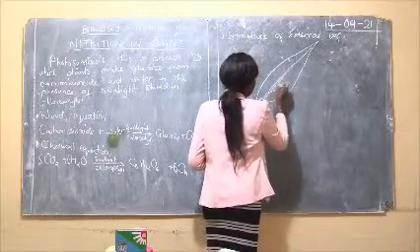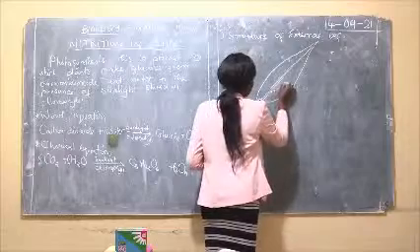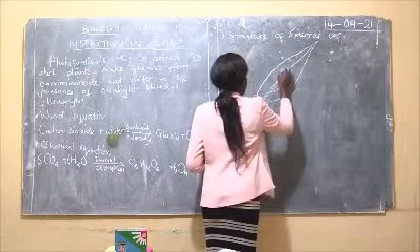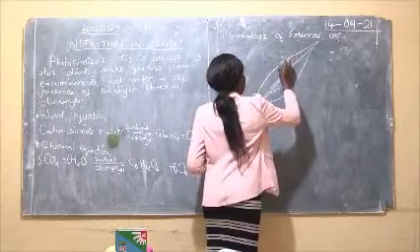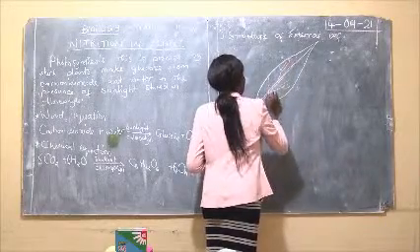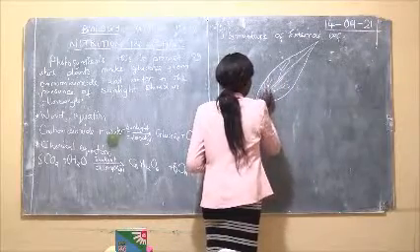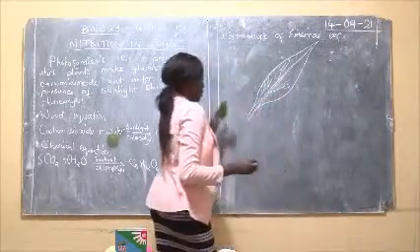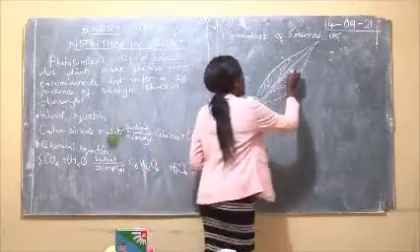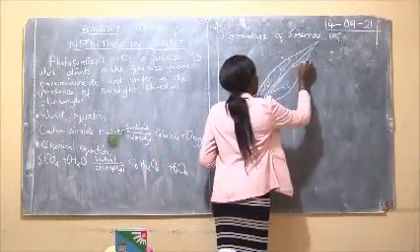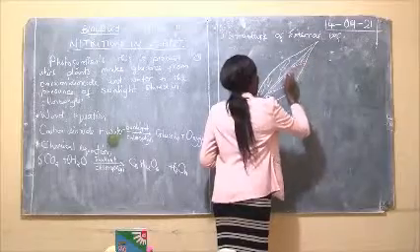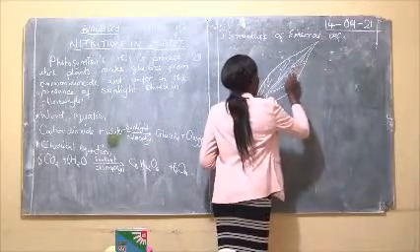And of course we see veins branching off from the midrib like that. All right, so this is the basic structure, or the external structure, of a leaf.